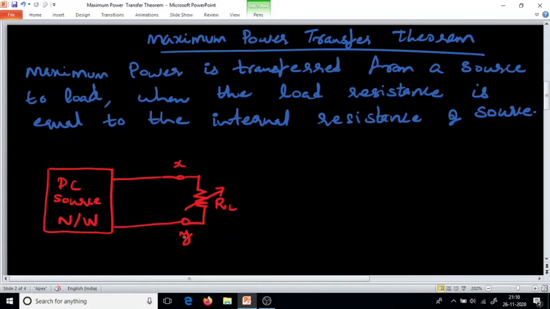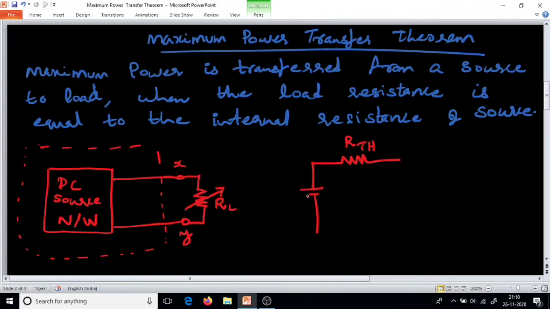Now, whenever we have such a network and a load, we can replace this entire network by a Thevenin circuit, that is VTH in series with RTH.